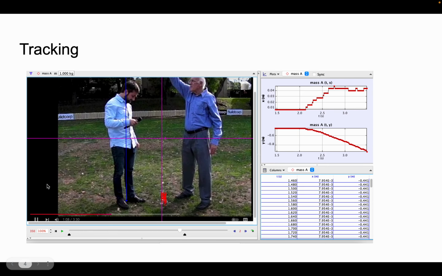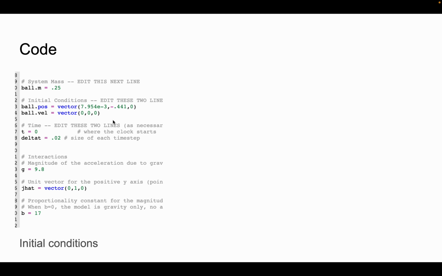I manually tracked the position data for that experiment, and using the experimental conditions, I set up the initial conditions for my code. I just guessed at the mass.